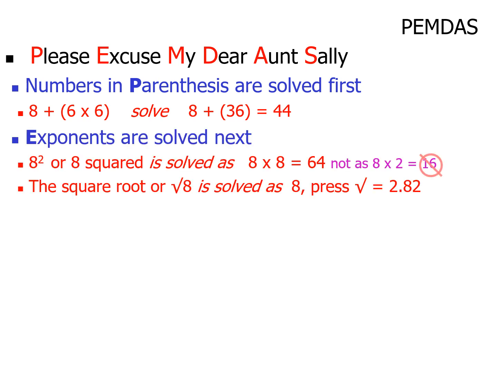Then the exponents are solved next. Now this is 8 squared, or 8 to the second power, which means the same thing. Anytime you see this, just take the number 8 and multiply it by itself. You're creating a square, equal sides.